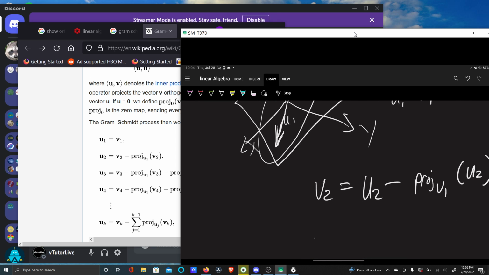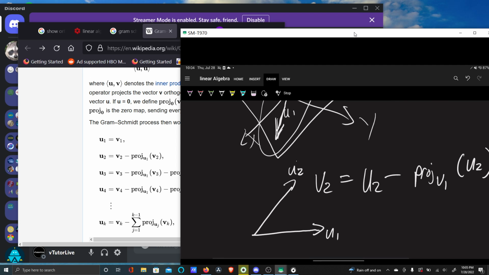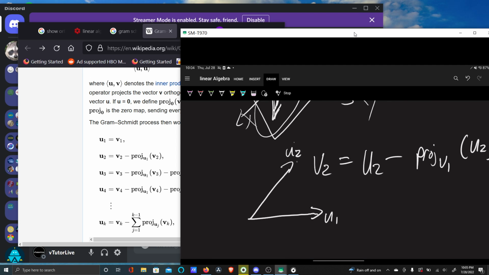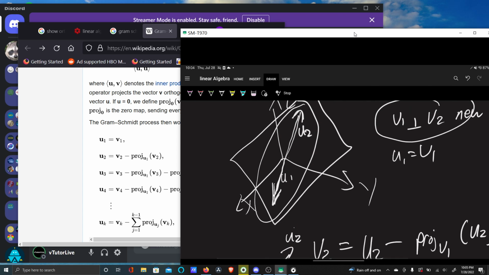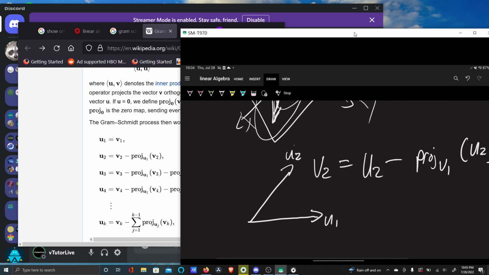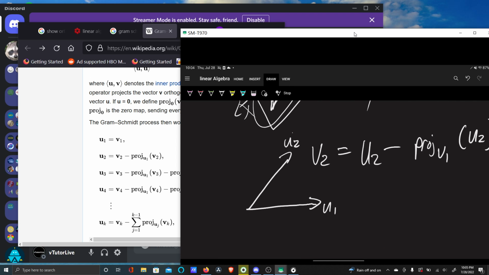Maybe they kind of look like this, right? Maybe this one is U1 and this one is U2. I'm sort of just redrawing U1 and U2 so that I'm in their plane, so to speak. Does that make sense?